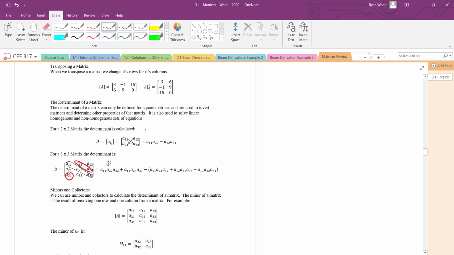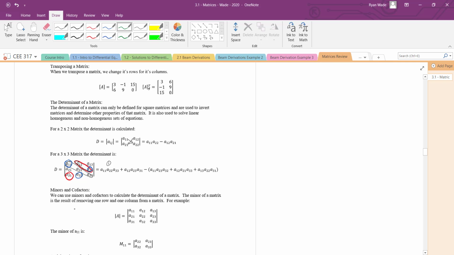The third term is a little bit more complicated. A11, A23, those 2, 3, and A32. And then we can keep going on, but it's a little bit more complicated.